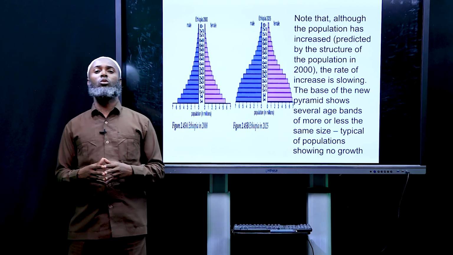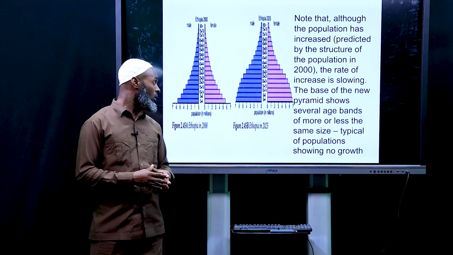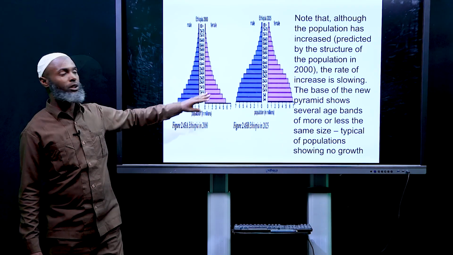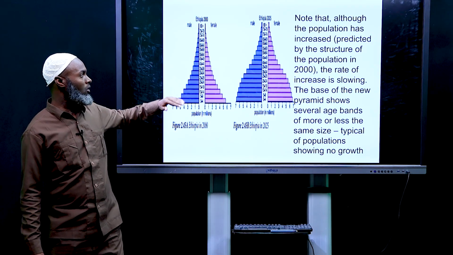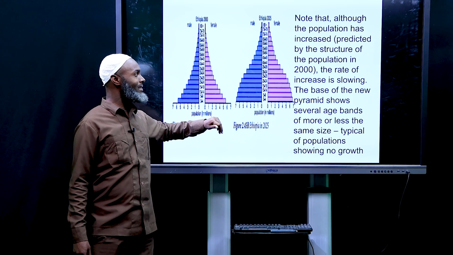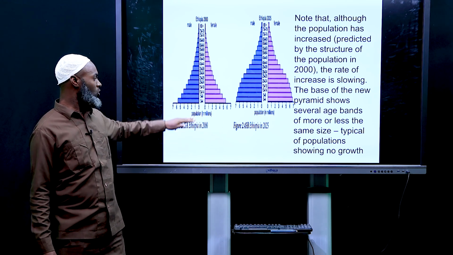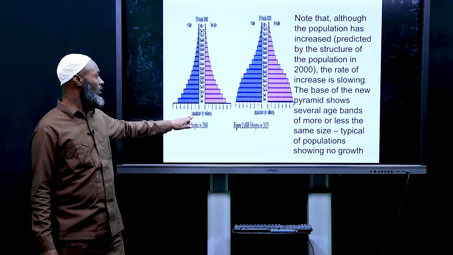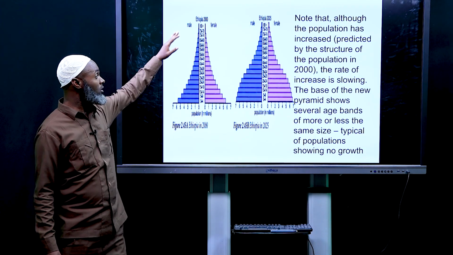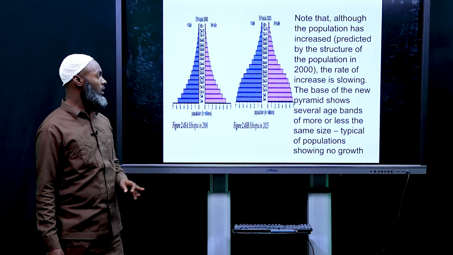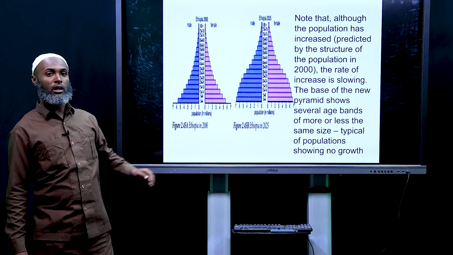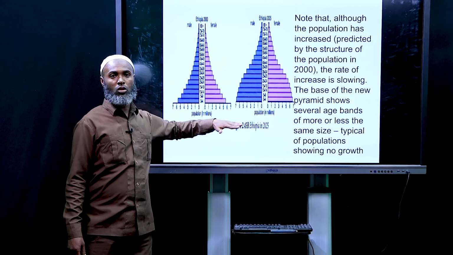When we come to our country, Ethiopia's case, the population of Ethiopia has increased, as predicted by the structure of 2000. This is the population in millions, and you can see that it is increasing, but the rate of increase is slowing.